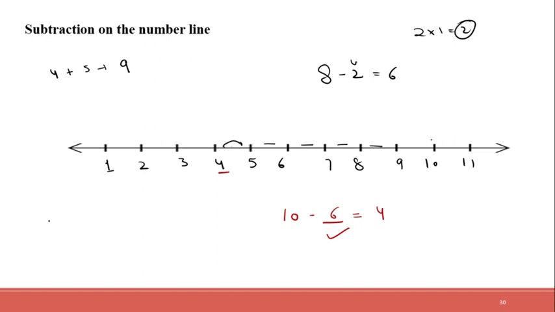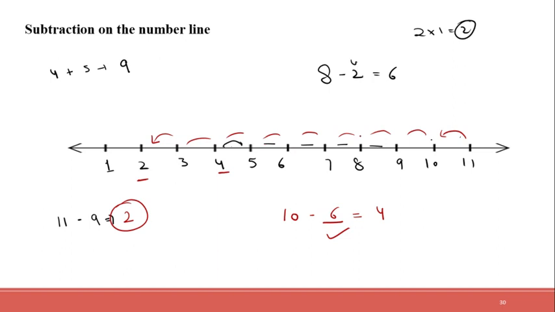After that, if I want you to subtract 11 minus 9, how will you do it? 1, 2, 3, 4, 5, 6, 7, 8, and then 9. So we will reach 2 here, right? So this is how we add and subtract on the number line.